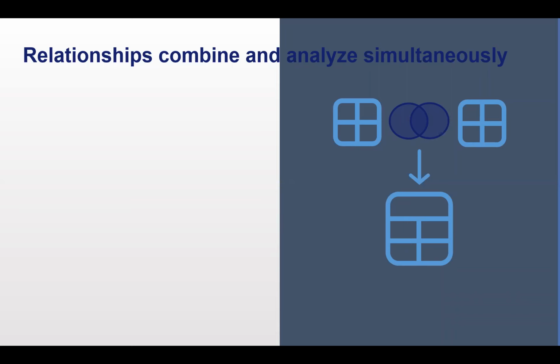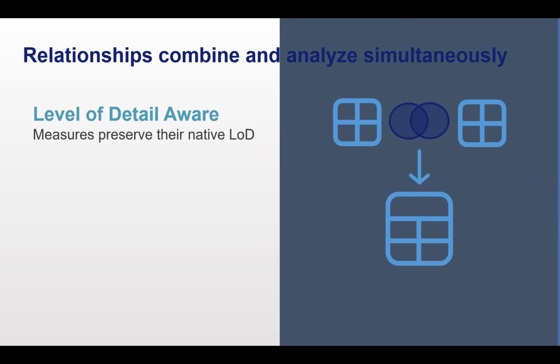Relationships combine and analyze tables simultaneously, generating the exact result set required for your specific analysis. This has numerous benefits. Because of relationships versus the source tables and their original structure, measures automatically aggregate to their native level of detail at analysis time.